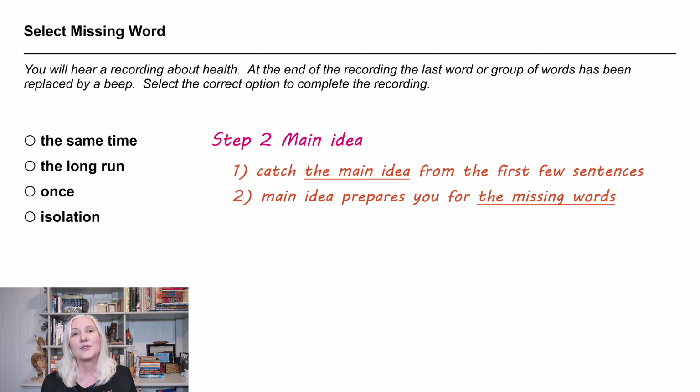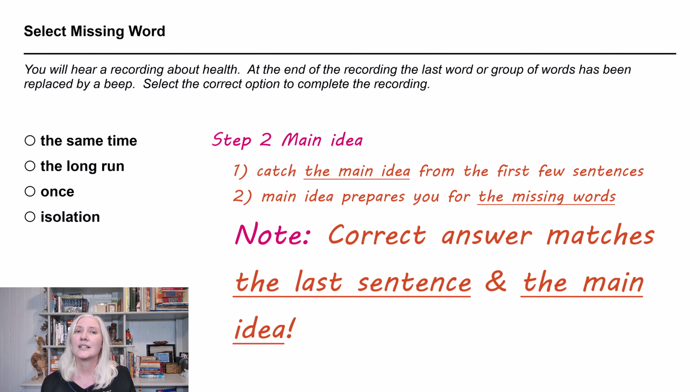So if you choose an answer that matches just the last sentence, but doesn't match the main idea of the listening, it will still be wrong. So it's really important to understand the main idea from the beginning of the listening.